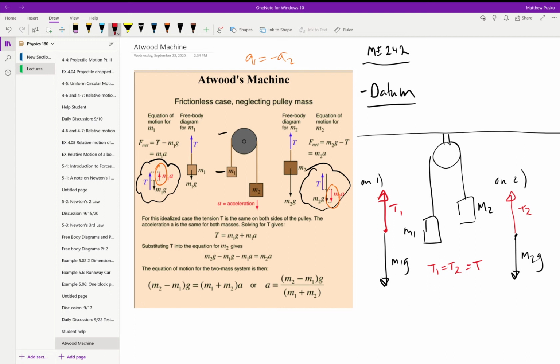Okay, so what I want to show you is the datum. It's a reference point. We'll call it right through the middle of the pulley, because we can ignore the top of the pulley right there. What this does is gives us a place to measure. I'm going to measure down to mass 1 and call that minus S1.